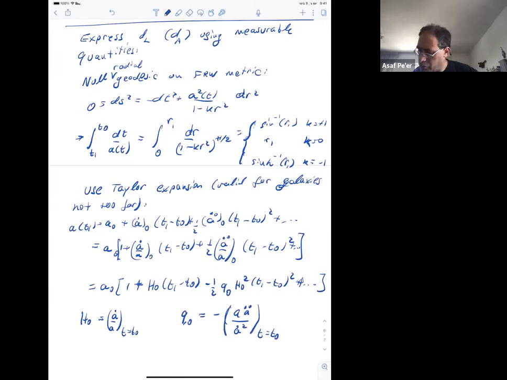Okay. So now, after writing that, we go back to this equation here and can write down again a Taylor expansion.